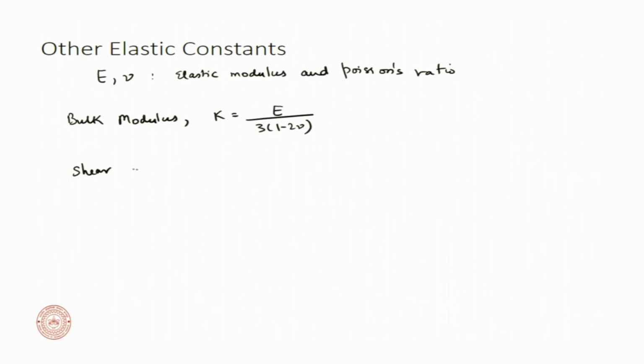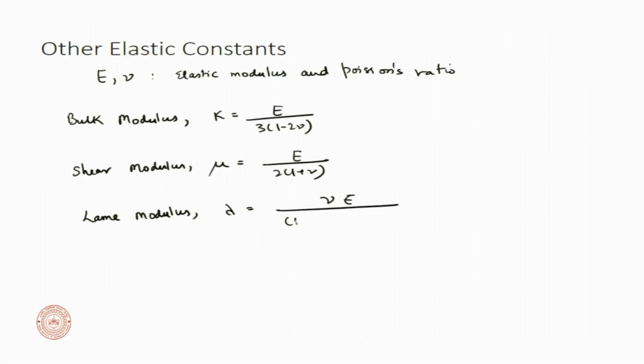And we have a shear modulus, denoted by mu, sometimes people use G, which is E over 2(1 plus nu), and then we have our Lame modulus. So lambda will be nu times E divided by (1 plus nu)(1 minus 2 nu).